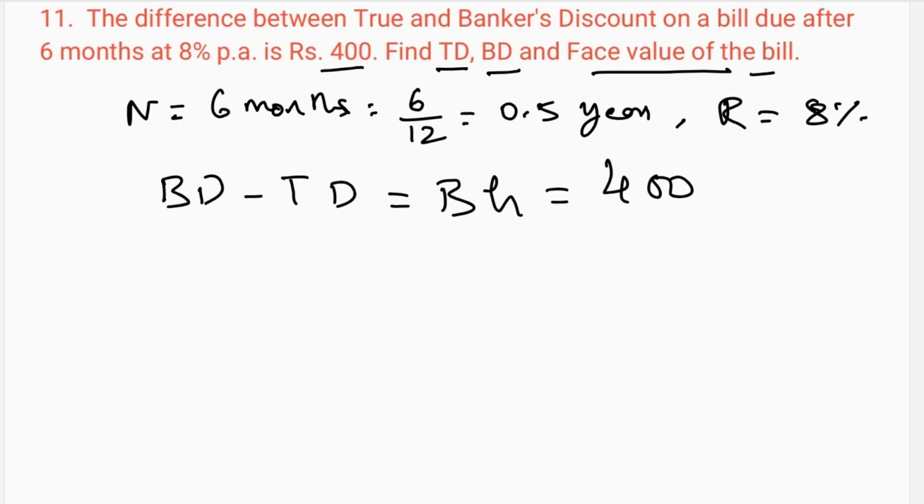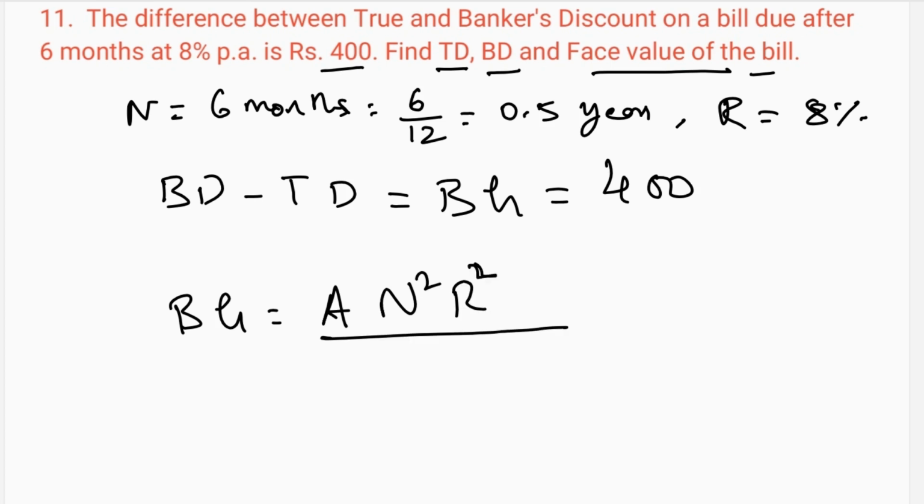So now if you use these values in the formula, banker gain will be A into n square r square divided by 100 into 100 plus nr.